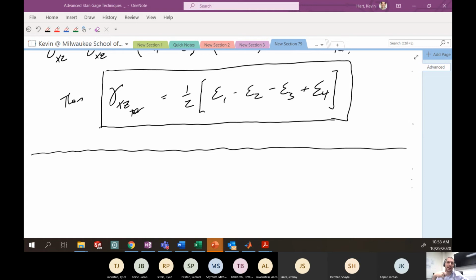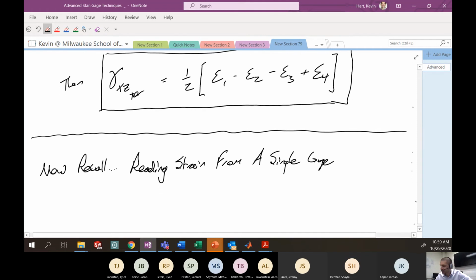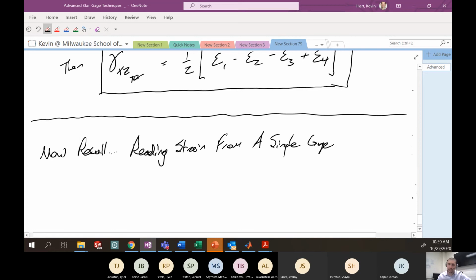Remember how we calculate strain from a singular gauge. This comes back to lecture number 1, when we talked about how to get strain readings from changes in resistance of a single strain gauge.